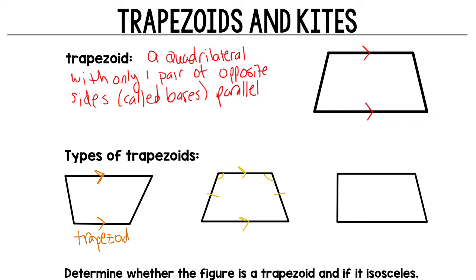So the two top angles are congruent, and the two bottom angles are congruent. Lastly, with this kind of trapezoid, if we were to give it some diagonals, like so, those diagonals are congruent, all right? This is an isosceles trapezoid.